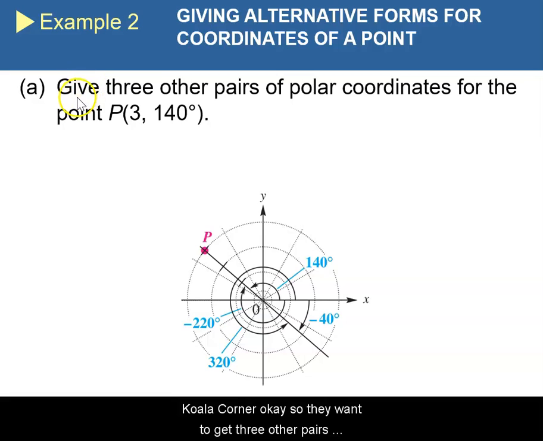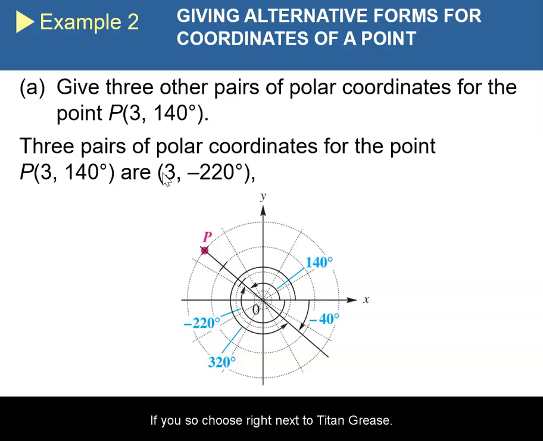Okay, so they want us to give 3 other pairs of polar coordinates for the point (3, 140 degrees). The easiest way to do this is you take 140 and add 360 to it, add another 360 to it. You can even go 140 minus 360, if you want to throw a negative angle in there, so negative 220 degrees.